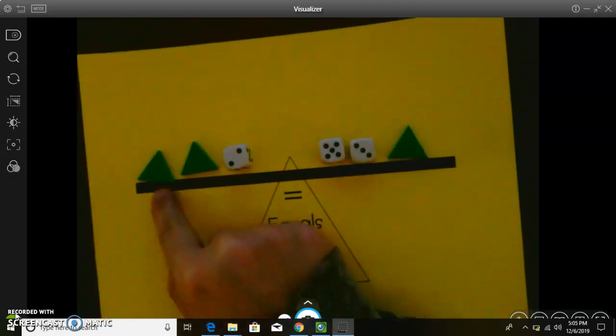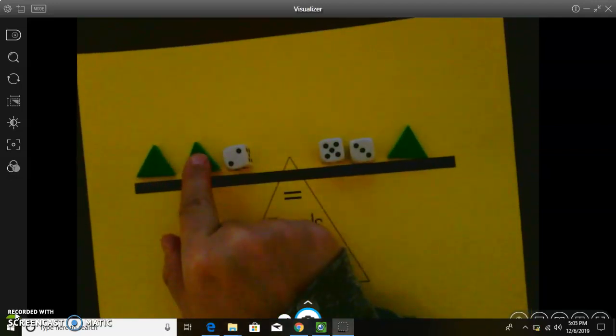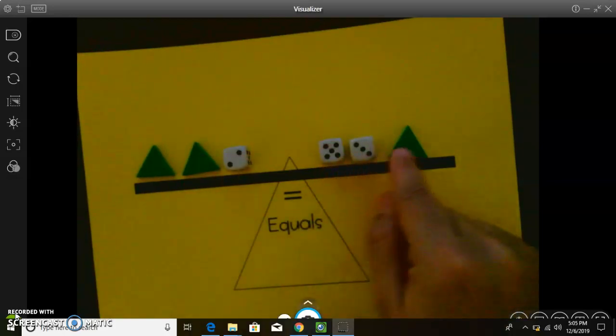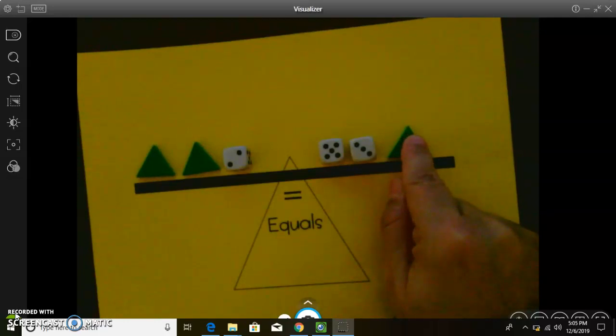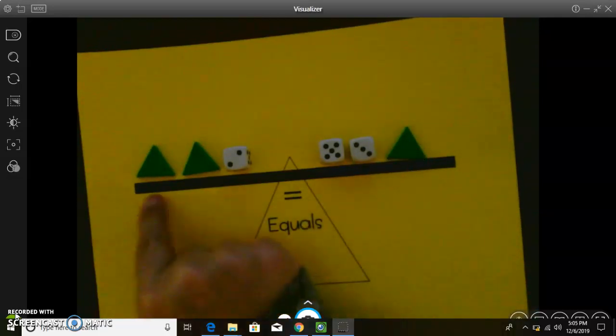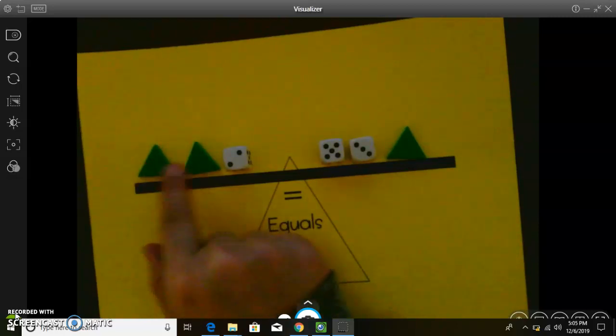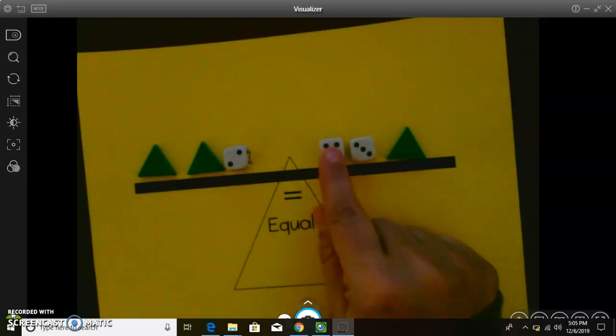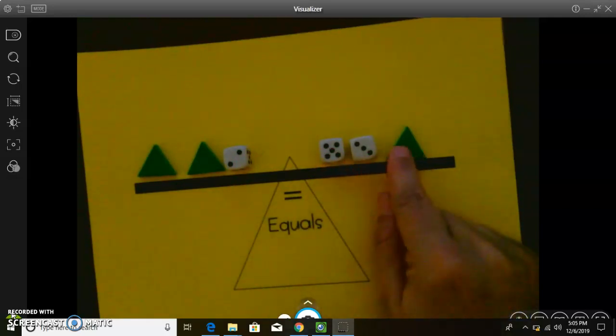And this time we'll try 4. 4 plus 4 is 8, plus 2 is 10. 5, 6, 7, 8, 9, 10, 11, 12. So 12 does not equal 10. So we can try 5. 5, 10, 11, 12, and 5, 6, 7, 8, 9, 10, 11, 12, 13.